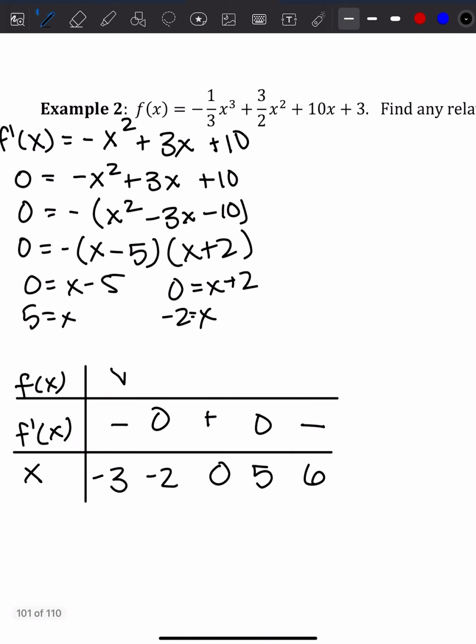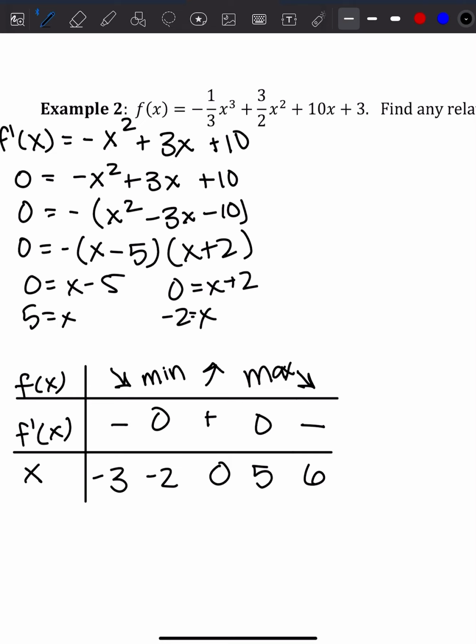So I am decreasing, increasing, and then decreasing once again. So what I can see here that's happening is I'm going downwards and then I'm going upwards. So right here at this value, we're going to have a minimum. I then go upwards to then change downwards, so I'm going to have a maximum.